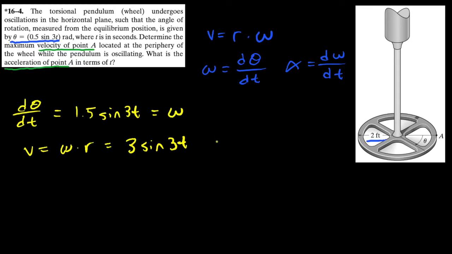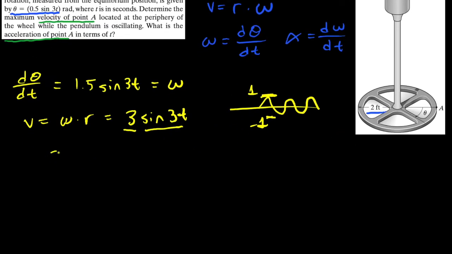Now, here's the thing. It is asking us for the maximum velocity. How can we determine maximum velocity from this function? Well, we have the 3 and we have the sine 3t. If I were to plot sine 3t, it would look like this, with a magnitude from 1 to -1. So 3 times this function will always equal something that is 3, or it could be 2, or 1, but never greater than 3.